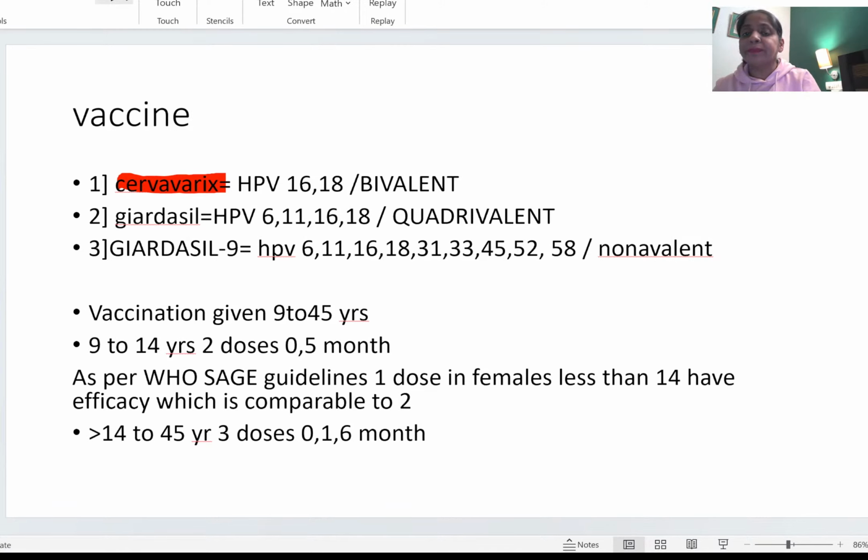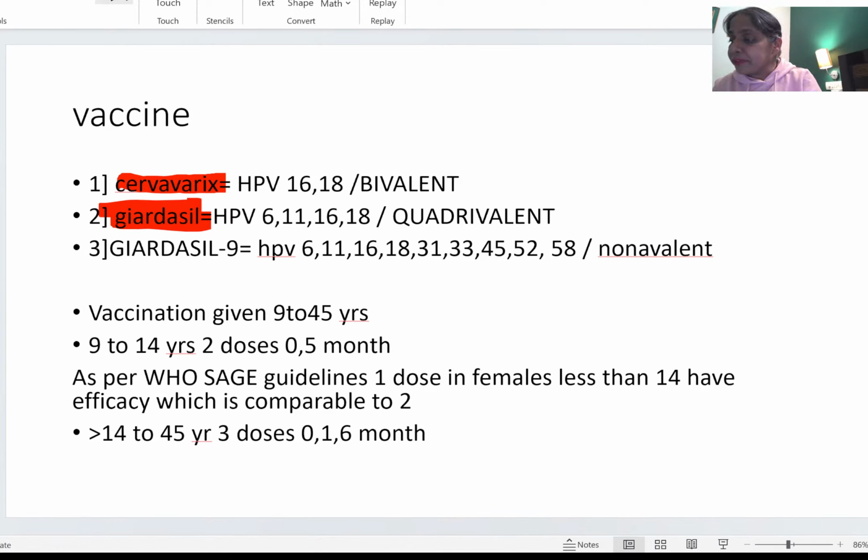Please type again. The Cervavirix vaccine targets only 2 types, 16 and 18, and it is known as bivalent vaccine. The Gardasil targets 4 types, 6, 11, 16 and 18, and it is known as quadrivalent vaccine.